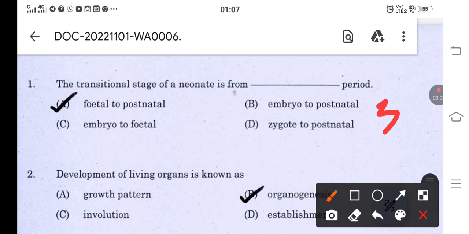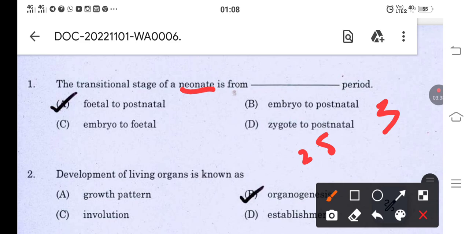Okay, now coming to this question, we should know what the other stage is. The other one is the neonate. Here they have mentioned the transitional stage of a neonate. Neonate means the stage from childbirth to 28 days. So 28 days we call neonate.